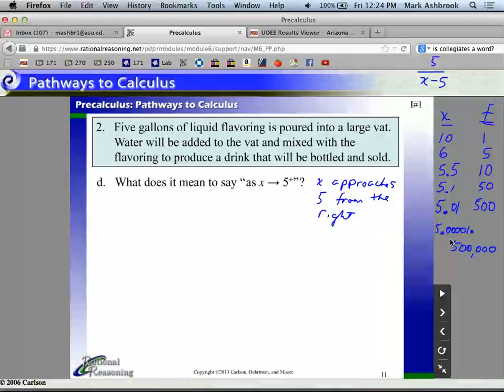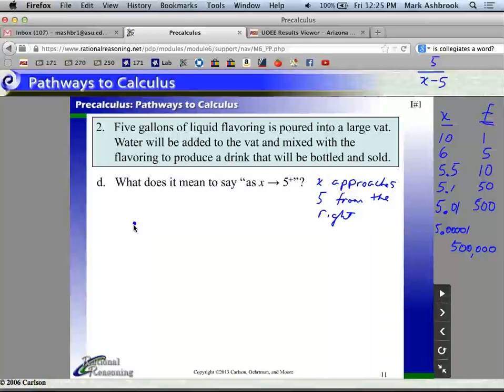We could keep making it smaller and smaller, closer and closer to 5, meaning less and less water relative to that 5 gallons. And what's the output going to do? It's going to go up without bound. It's going to go up as high as we want, just as long as you put a small enough amount of water in, so that total is close enough to 5, that ratio is going to go way up.